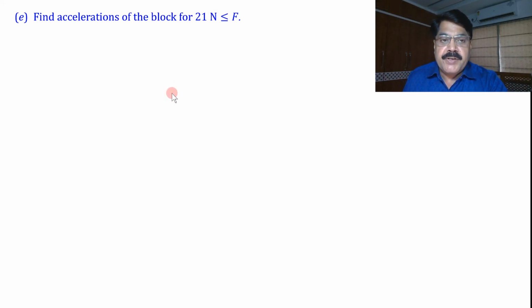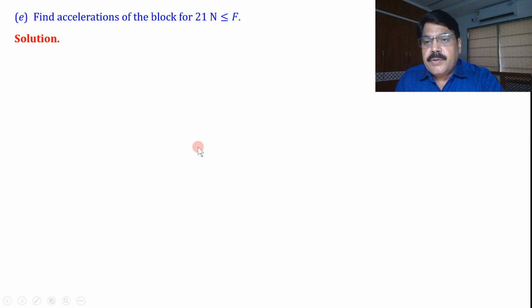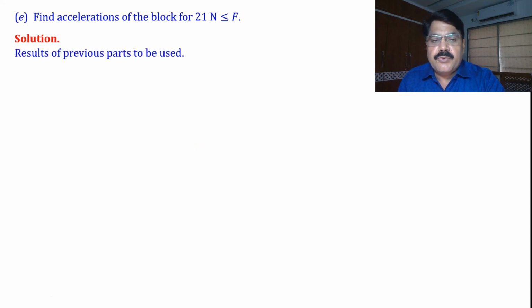We assume that we have done the previous parts. So what results can we take from the previous parts? In the solution here, results of the previous parts to be used. What results? The direction of friction and limiting values, and for which value of force sliding starts where.